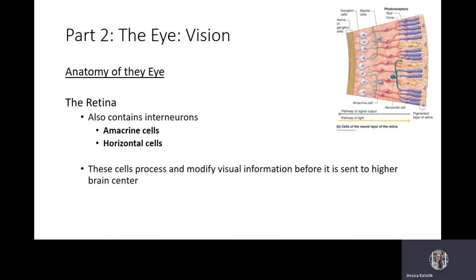In addition to having those three layers of cells, we have additional cells that act as interneurons and continue with this neural integration and processing. There are the amacrine cells, which lead to neural processing between the different ganglion cells.